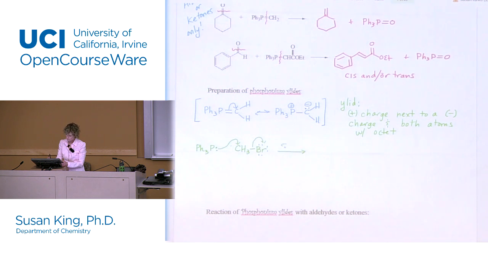SN2 reaction. When you do that SN2 reaction, remember phosphorus is right beneath nitrogen in the periodic table. So when nitrogen species attack in an SN2, you get a positively charged nitrogen, and likewise you'll get a positively charged phosphorus here.